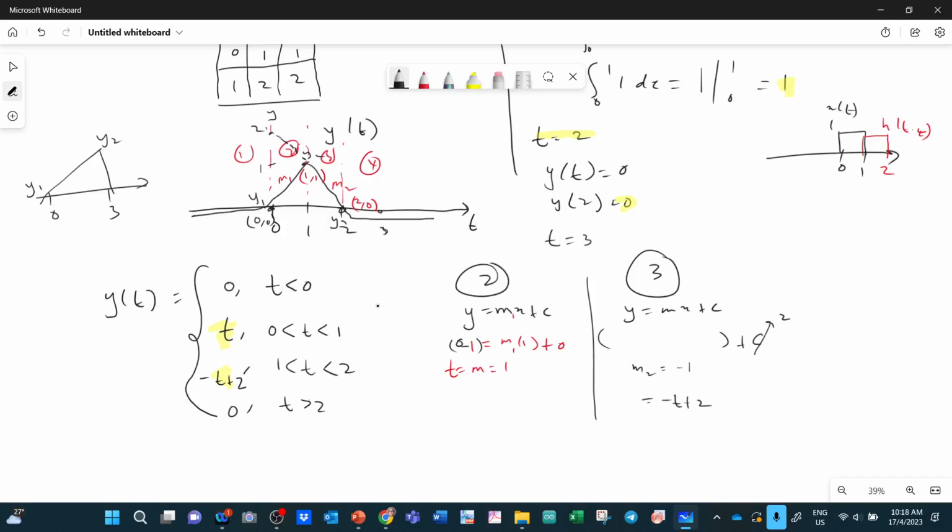The second one is y2 minus y3. y2 minus y3, 1 subtract 0, equivalent to m times x, 1 minus 2. So you get m2 equal to minus 1.